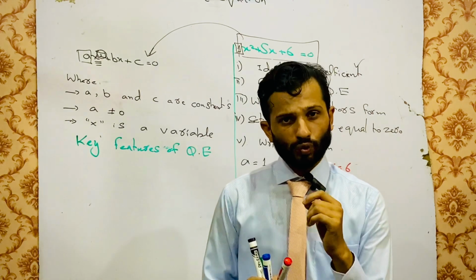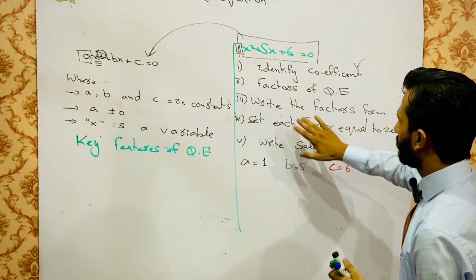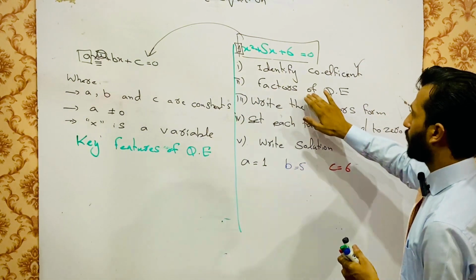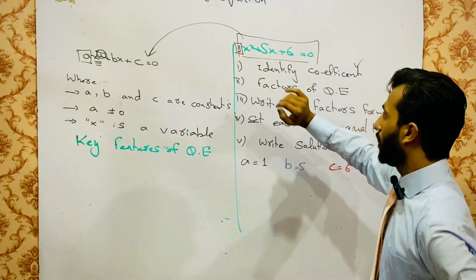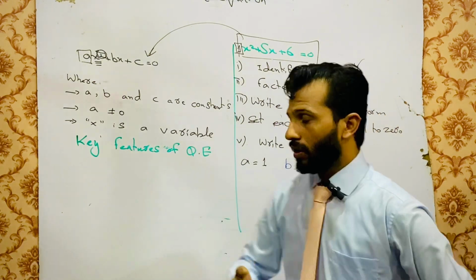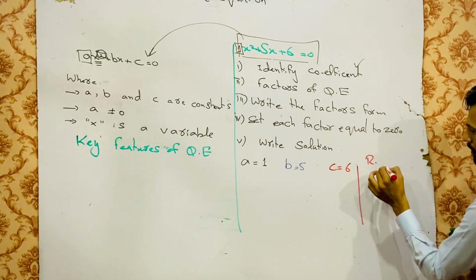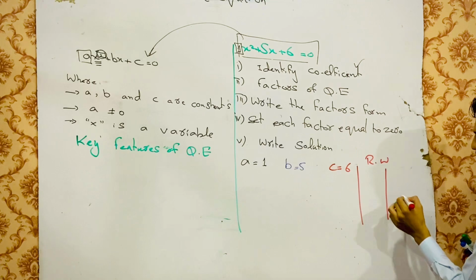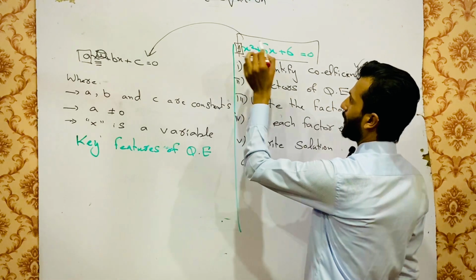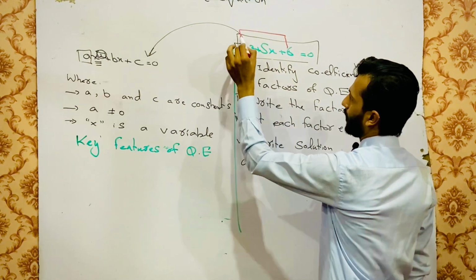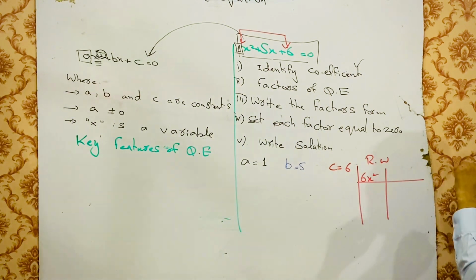Take a rough column and divide it into two portions. First, multiply the coefficient of x square and the constant, that is 6x square.